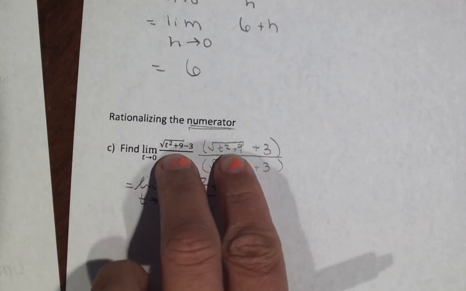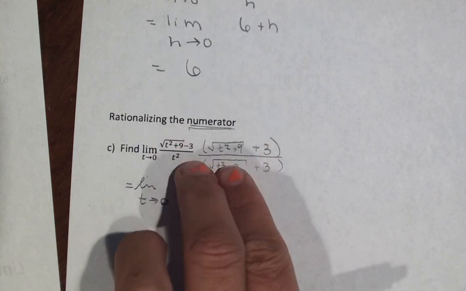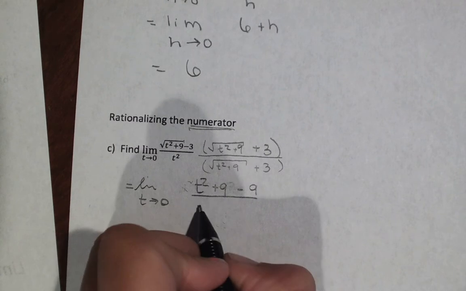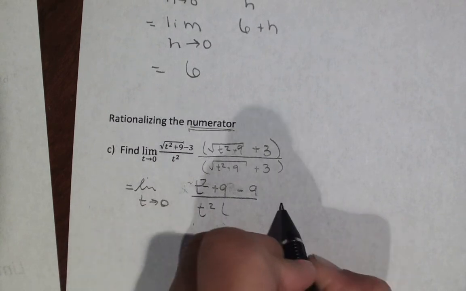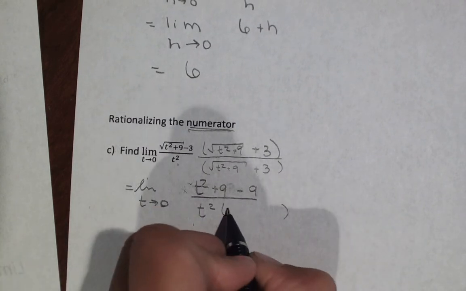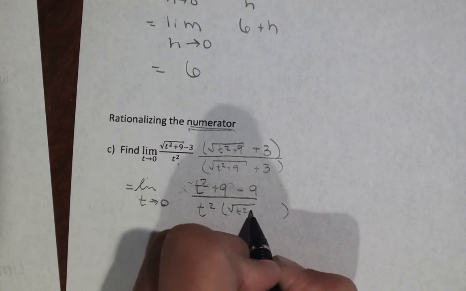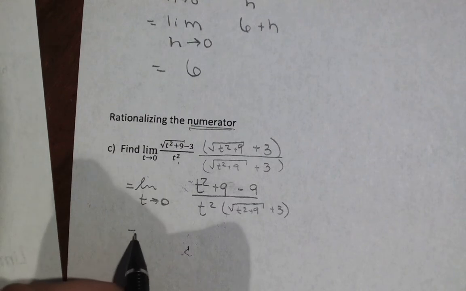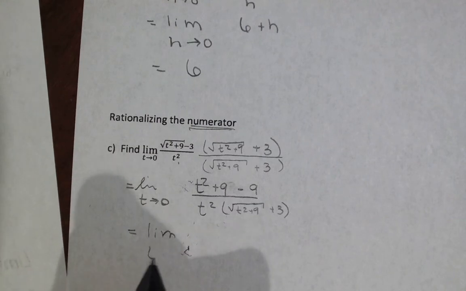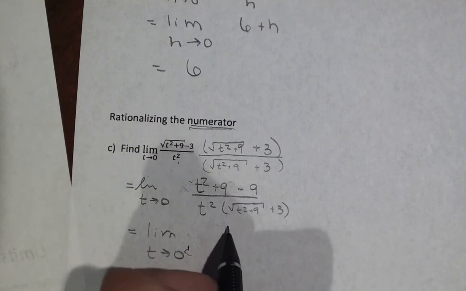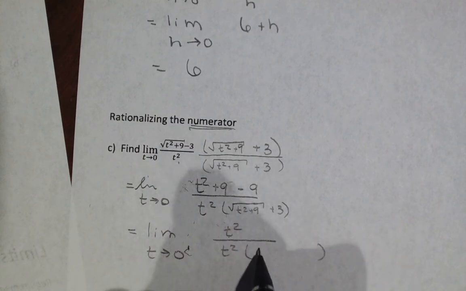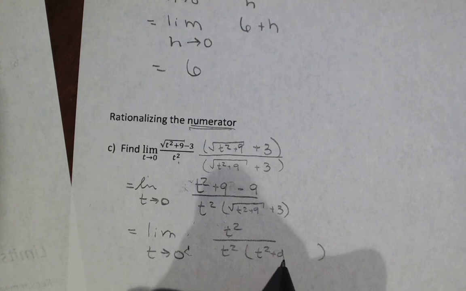Okay, so this whole thing, t squared plus 9, and then minus 9 over, and then just don't distribute that in. It's just t squared, the square root of t squared plus 9 plus 3, which is going to give me the limit as t approaches 0 of t squared over t squared times the square root of t squared plus 9, plus 3.